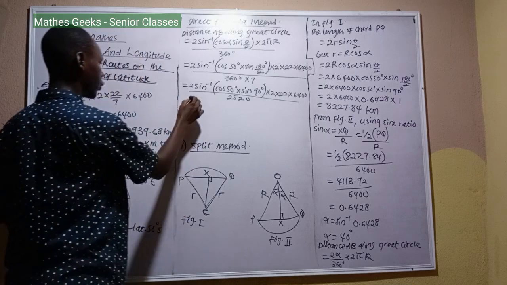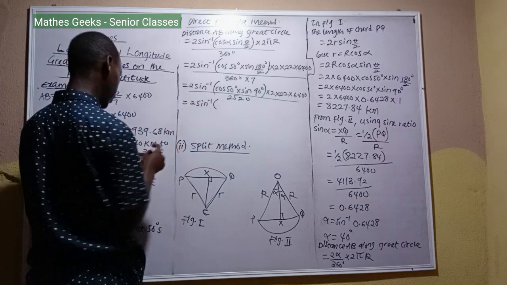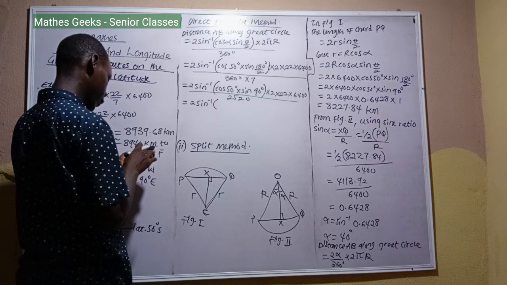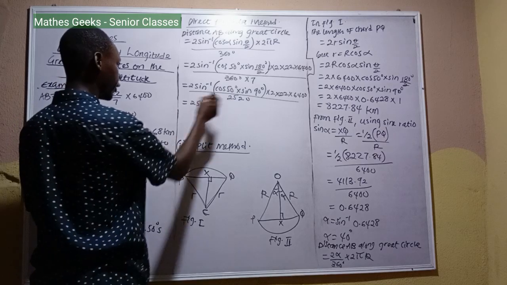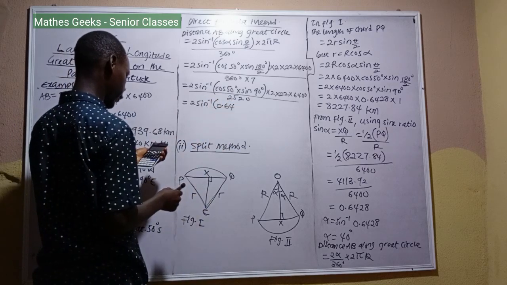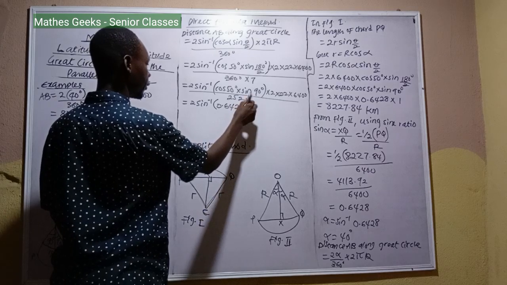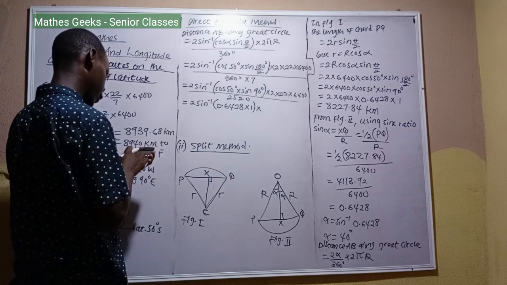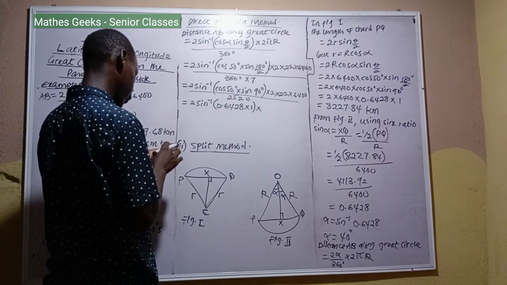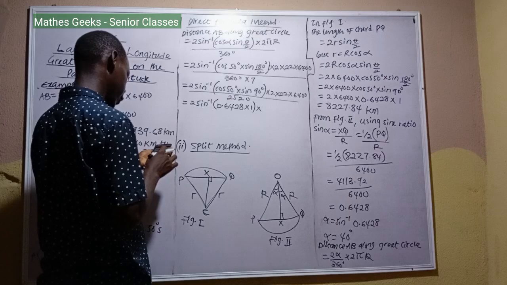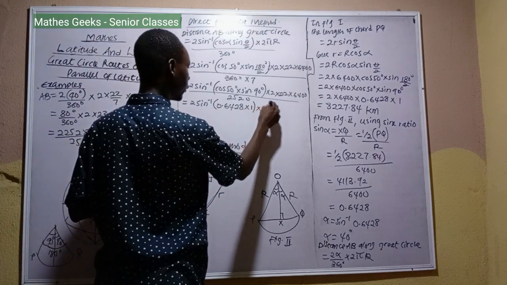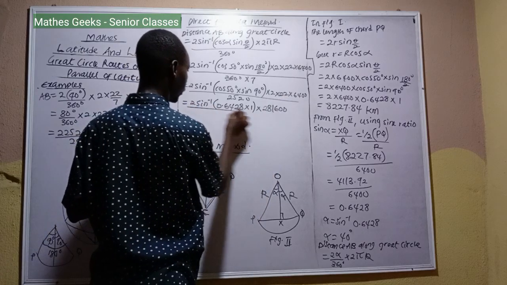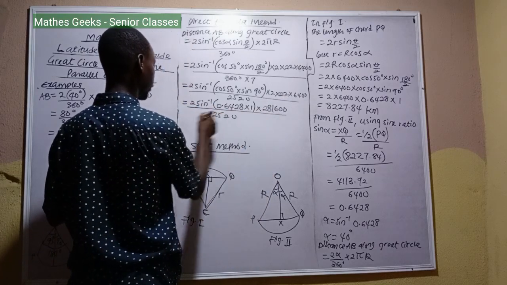So now 2 arcsine cos 50, cos 50 is 0.6428, times 1 times 2 times 22 times 6,400, which is 281,600, divided by 2520.